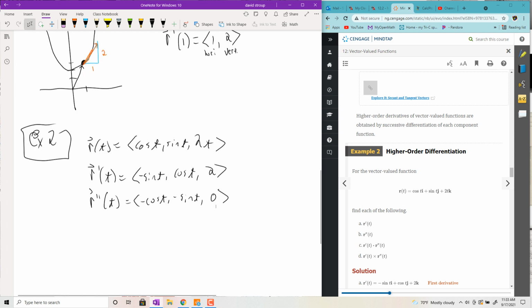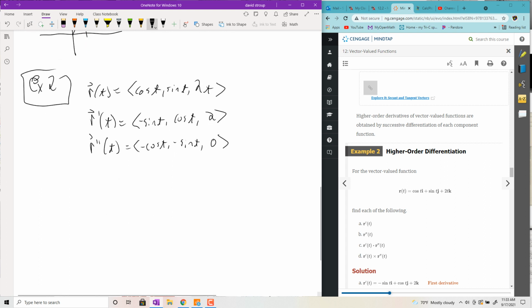Then they start throwing in some dot products and cross products. So what is this? This is A, this is B, C. r prime of t dotted with r double prime of t. So you're just multiplying and then summing the components. Negative sine times negative cosine is sine t cosine t.